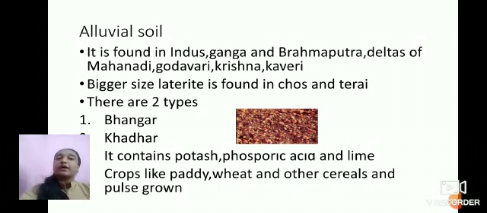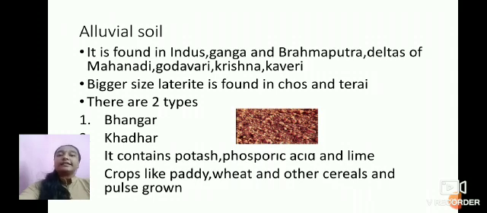Bigger size soils are found in Chaos and Terai region. There are two types of alluvial soil, Bangar and Khadar. Bangar means old soil. Khadar means new soil. Bangar has nodules in it, and Khadar does not. Therefore, Khadar is the most fertile soil when compared to Bangar.